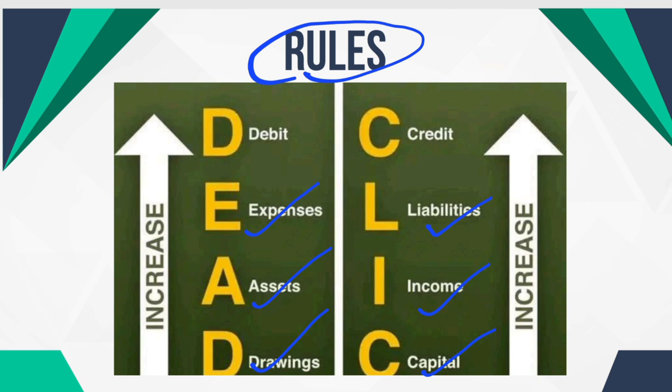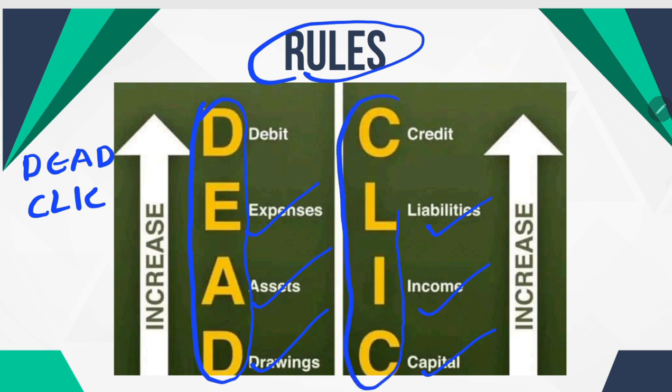To remember this rule easily, we can use a simple trick. That is, we can say DEAD and CLIC. You can read here this DEAD and this CLIC. D stands for debit, E stands for expense, A stands for assets, D stands for drawings.